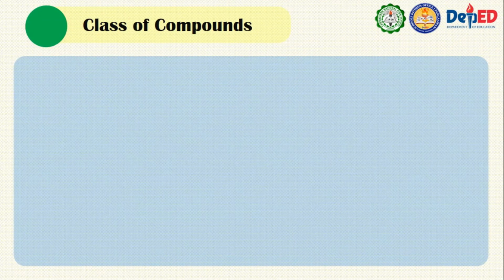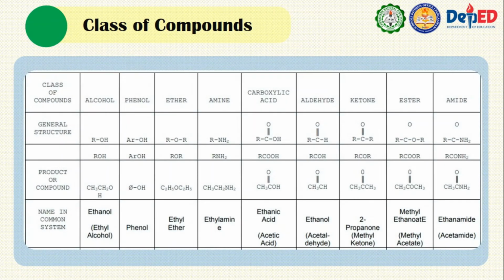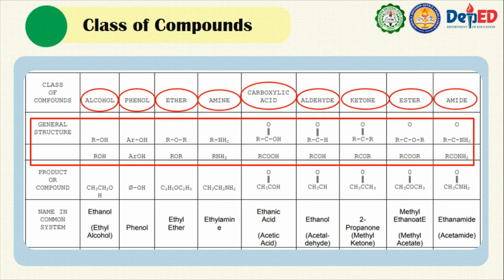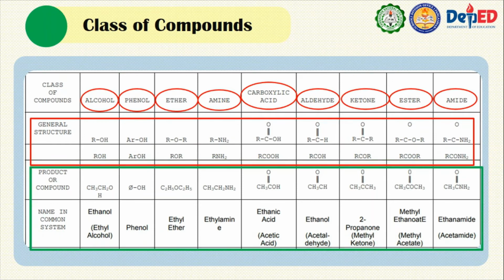These are the different functional groups or classes of compounds. We have alcohol, phenol, ether, amine, carboxylic acid, aldehyde, ketone, ester, and amide, with their corresponding general structure and examples. Now let's discuss them one by one.